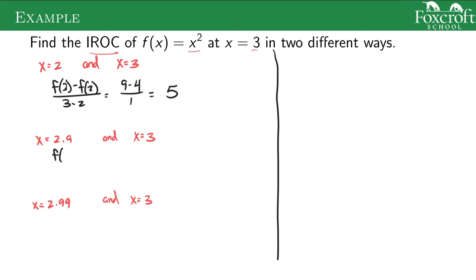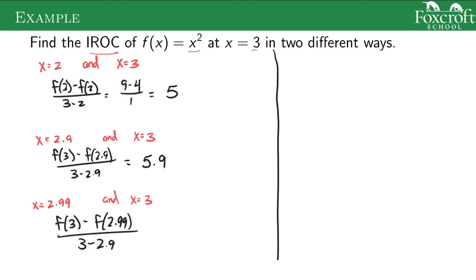All right, I'm not going to fully work out these next ones because of the decimals, but if you were to put these in, squaring 2.9 and subtracting it from 9 and everything, you end up getting 5.9. And the same thing here, except for now you're doing it with 2.99. And if you put all that in, you end up getting 5.99.